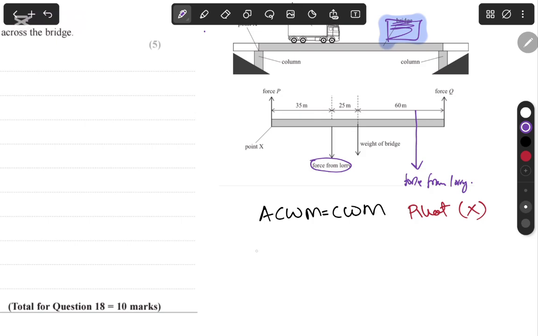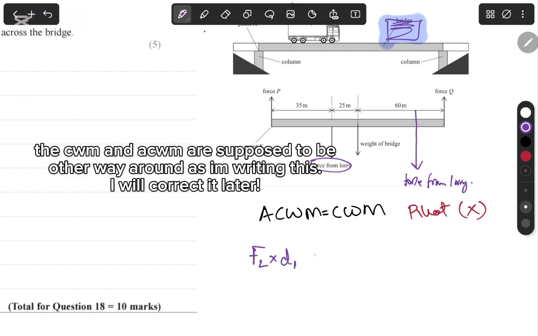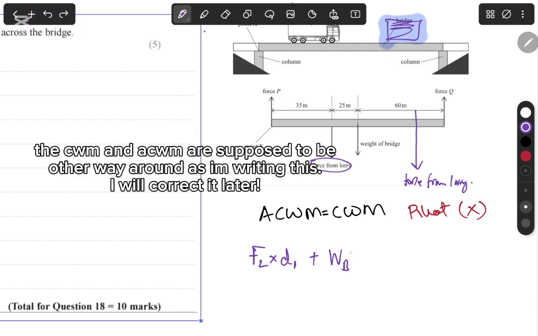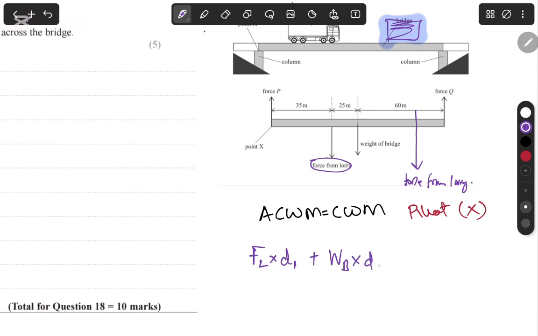The moment due to the force from the lorry times the distance from the lorry to the pivot, let's say distance d1, plus the weight of the bridge times the distance from the weight of the bridge to the point X, let's say d2, is equal to the force Q times the distance from force Q to the point X, d3.